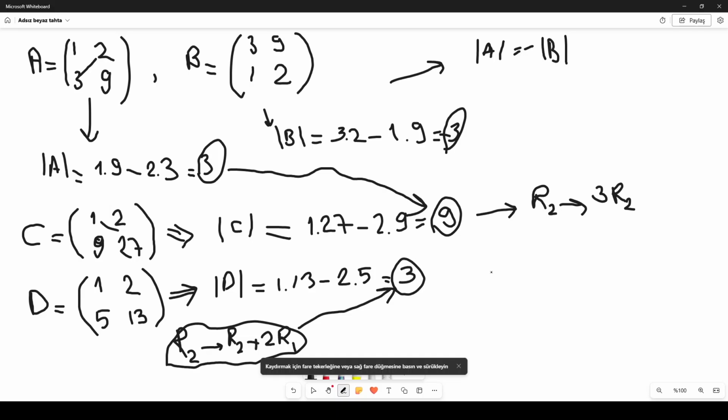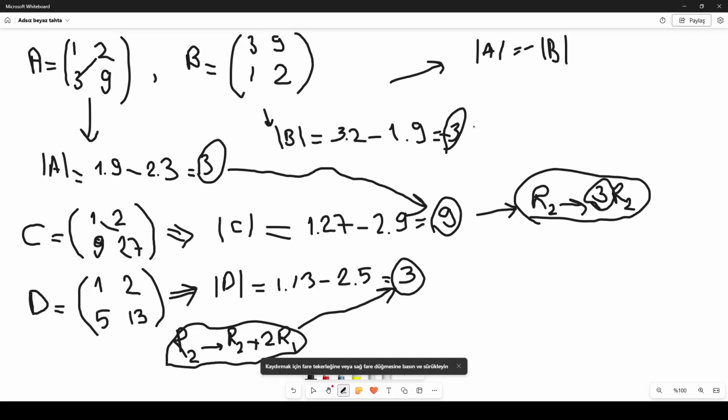The original determinant was 3 for matrix A, but now we have the determinant value 9, which is 3 times 3. So the scalar has an effect on the value of the determinant. The second elementary row operation actually has an impact on the determinant value.